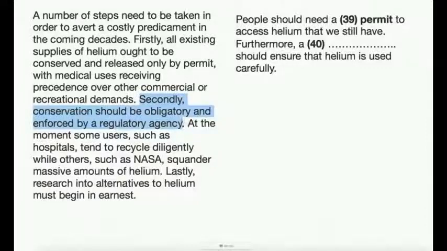Well, they're saying conservation should be obligatory. To conserve something is to take care of something, make sure it's protected, which is the same as being used carefully. So you can't say a conservation should ensure that helium is used carefully. Conservation doesn't fit here grammatically, and also it's being discussed here. So the other option is a regulatory agency. Does that fit?